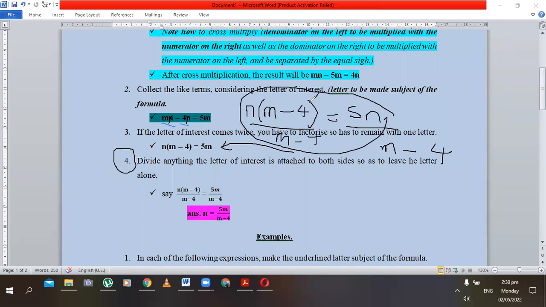Once that happens, m minus 4 and m minus 4 will cancel. What remains on the left is only n. And on the right, we have 5m over m minus 4. It means we have now made n the subject of the formula.